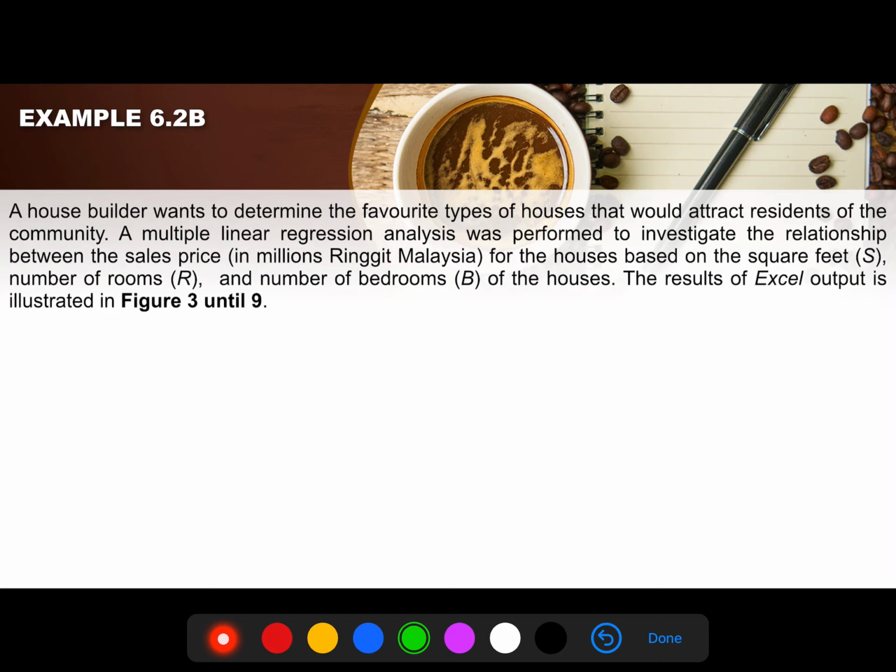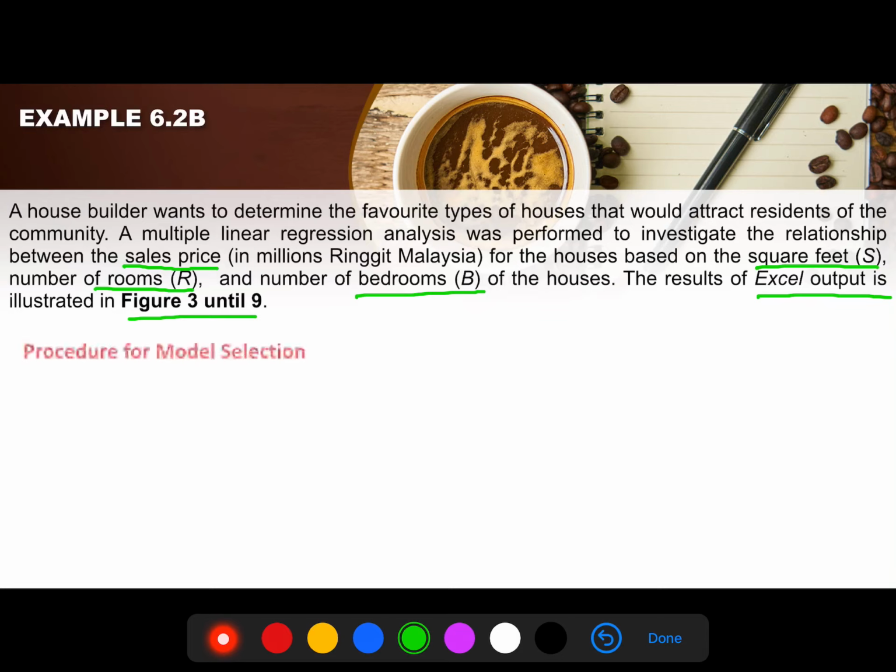A multiple linear regression analysis was performed to investigate the relationship between the sales price of the houses based on square feet, number of rooms and number of bedrooms. The Excel output is illustrated in figure 3 until figure 9.